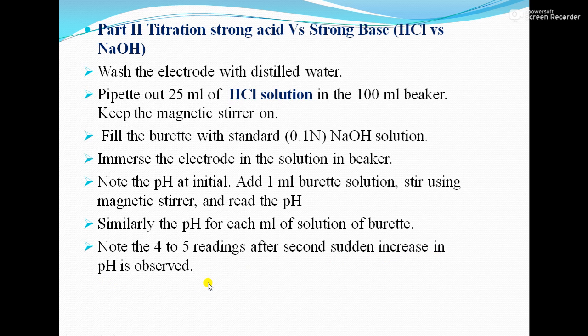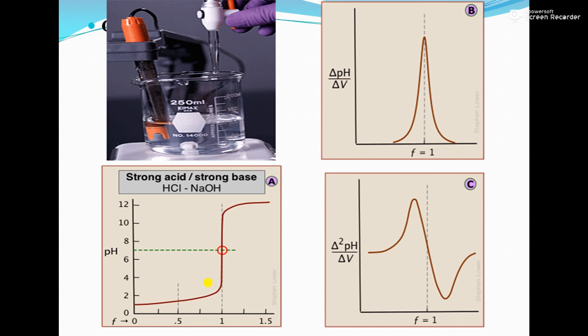So you can see the graphs directly. This is your graph of HCl versus NaOH. We have HCl in the beaker and we are going to add NaOH from the burette. As we know HCl is a strong acid, so HCl has a pH from 0 to 2.